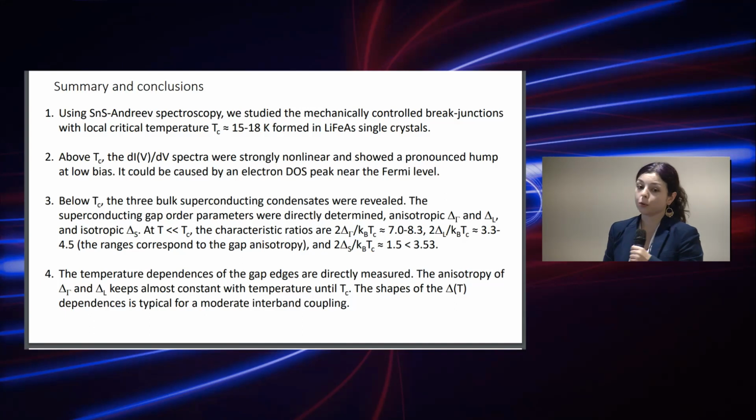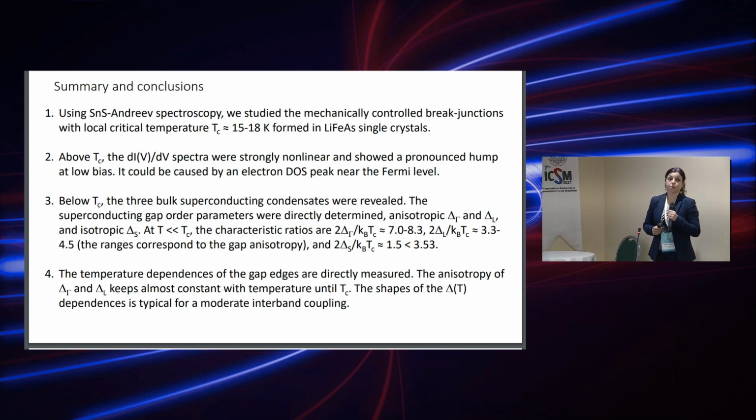Well, in conclusion, we have studied more than 20 single crystals of lithium iron arsenide. Above critical temperature TC, we observed strongly non-linear normal state properties, which could be attributed to the presence of a density of states peak in the vicinity of the Fermi level.